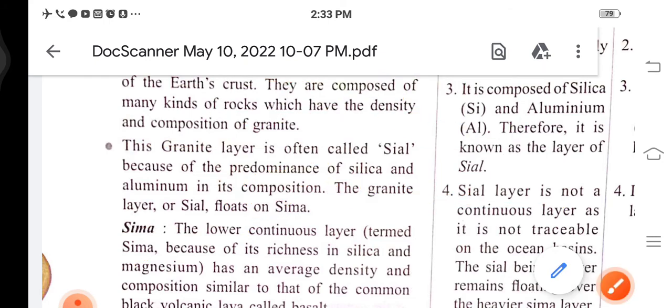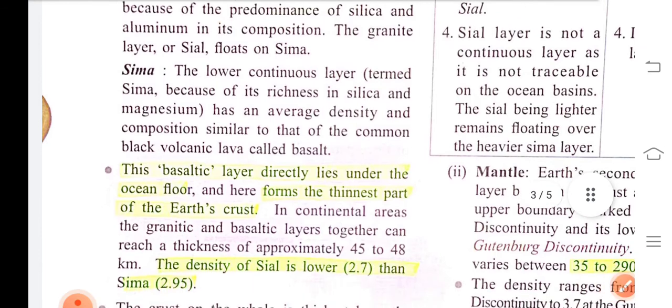Now comes Sima. Sima, the lower continuous layer, is termed Sima because of its richness in silica and magnesium. It has an average density and composition similar to that of the common black volcanic lava called basalt. Basalt you will be discussing in chapter 6, that is the rock cycle.